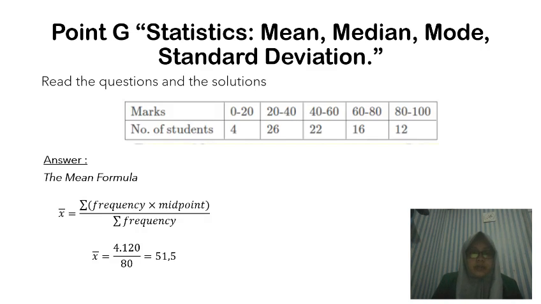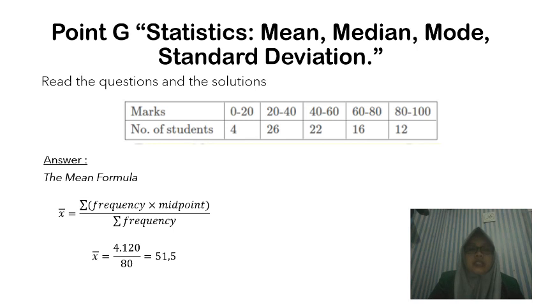Point G, statistics: mean, median, mode, standard deviation. Read the question, the solution. Mark 0 until 20, 20 until 40, 40 until 60, 60 until 80, 80 until 100.